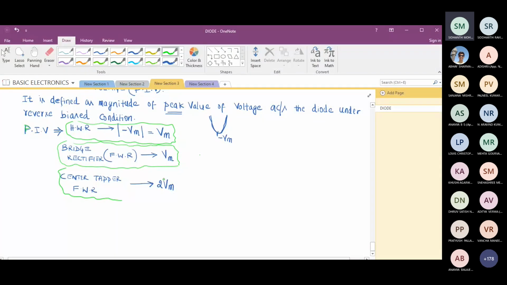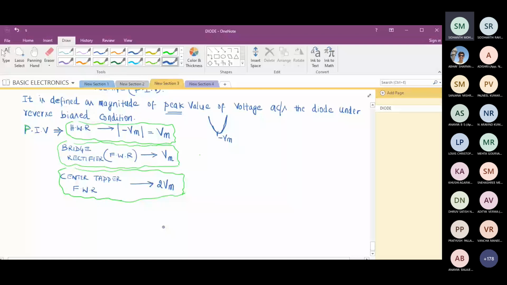Is this fine? Yes, sir. Now the question is, what is the significance of this parameter? Why should I look at the circuit and check the voltage across a reverse bias diode?